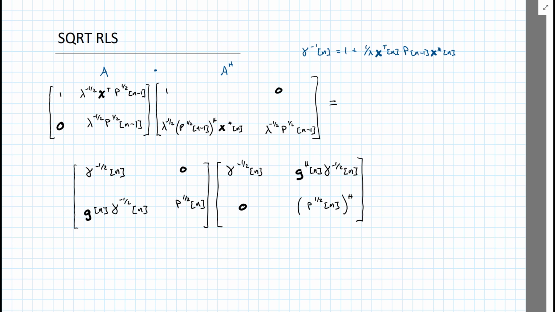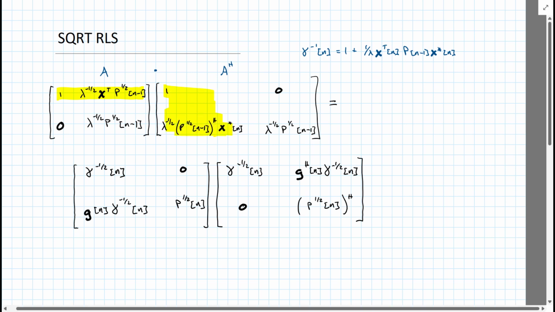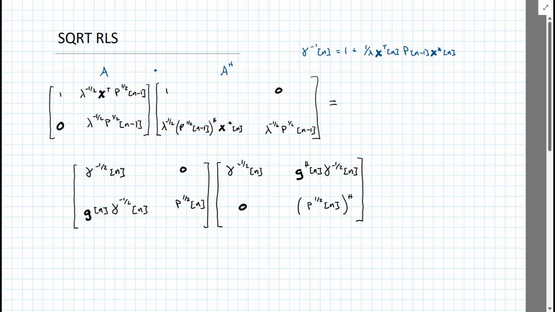Let's go through and look at it now. So for example, if we take this row times that column, we get 1 plus the 2 lambda to the -1/2, so going to give us a lambda to the -1, or 1 over lambda.